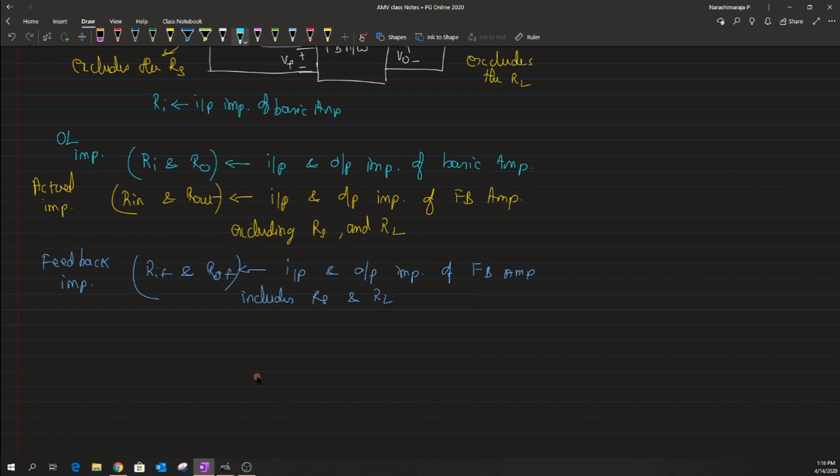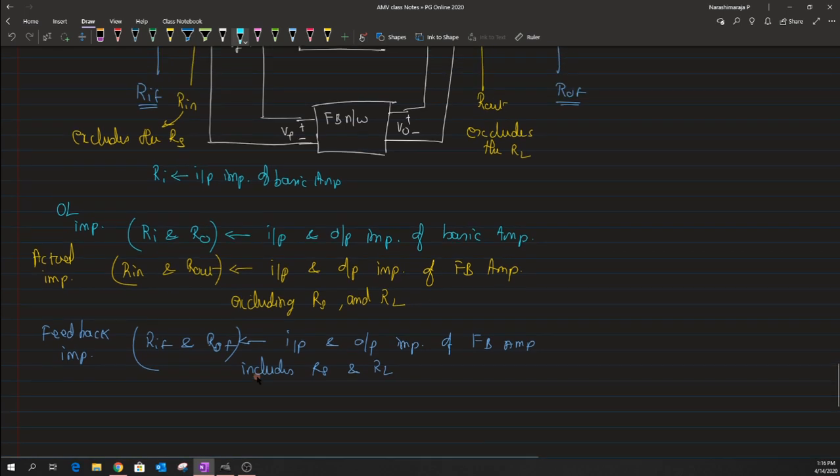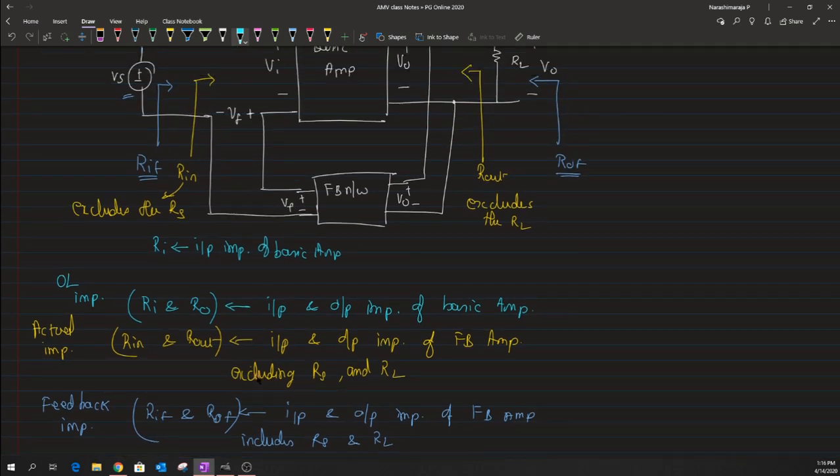Yeah. So now let us try to see which particular model can be used in order to model the non-ideal model of this feedback network.